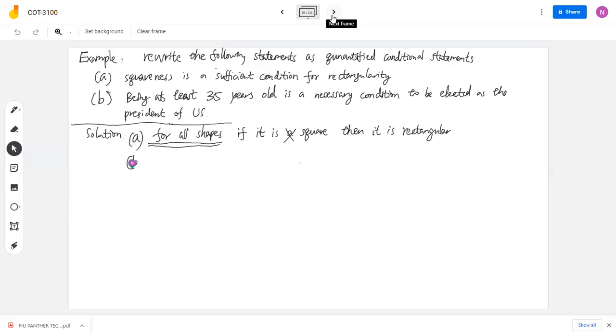And what about part B? We want to say that for any elected US president, his age is at least 35. For every is equivalent to for all.